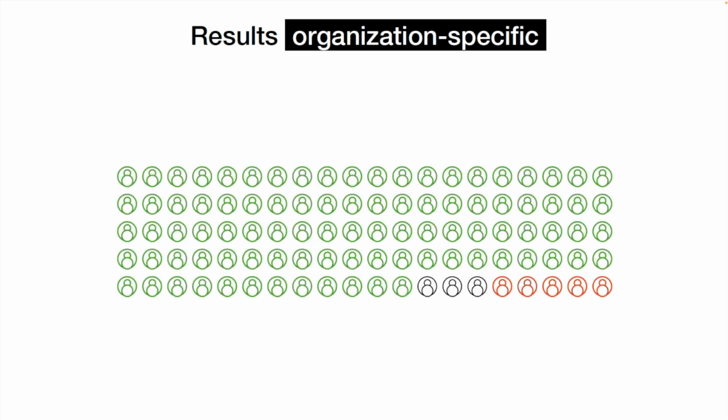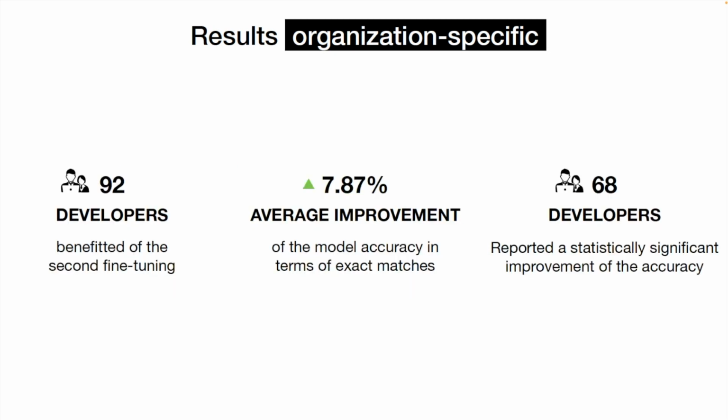Talking about the organization-specific models instead, we found out that 92 developers benefited from this second fine-tuning, if we compare the results with our baseline. And in particular, the results are even better than the developer-specific models. As you can see, the average improvement and the statistically significant results are higher than before.